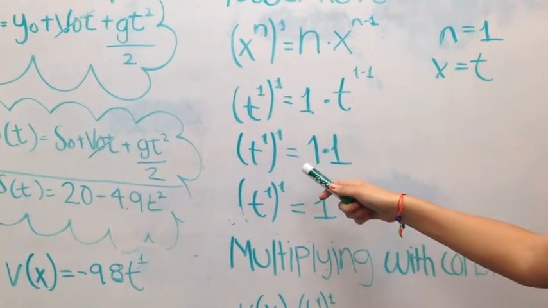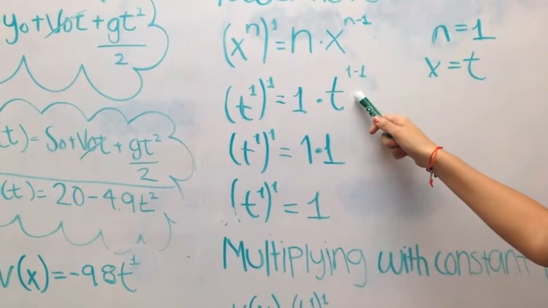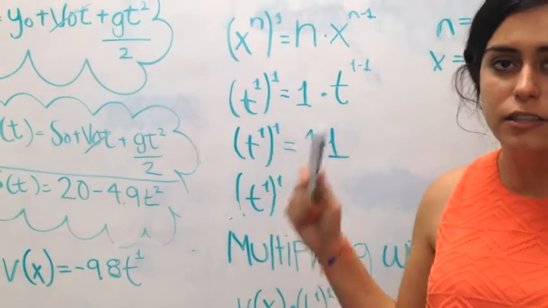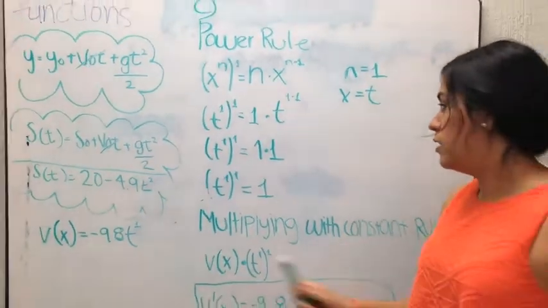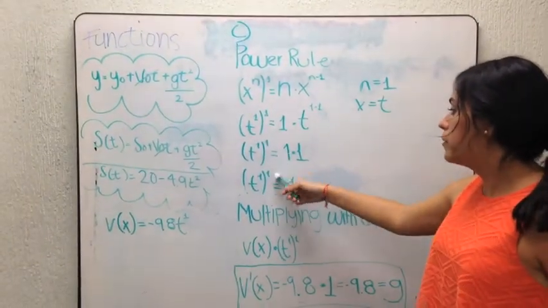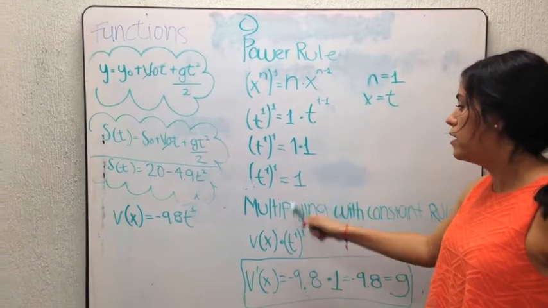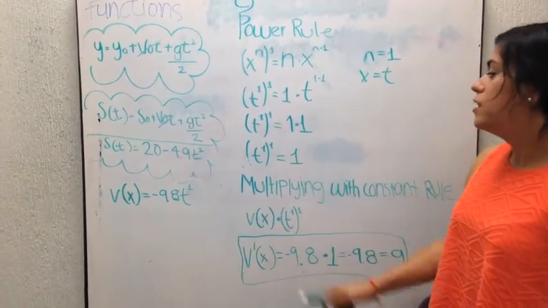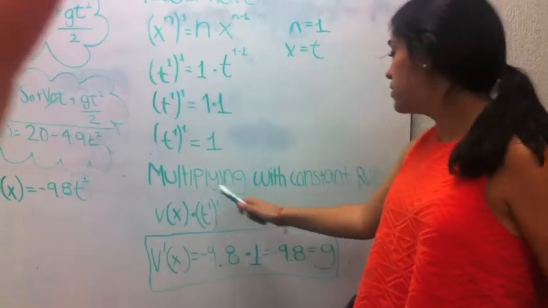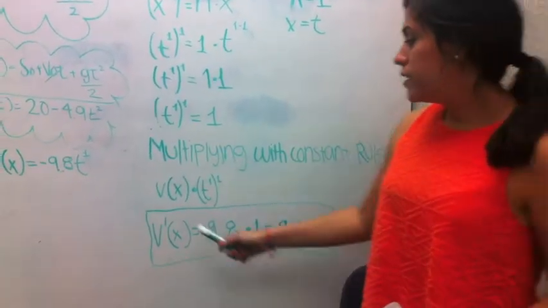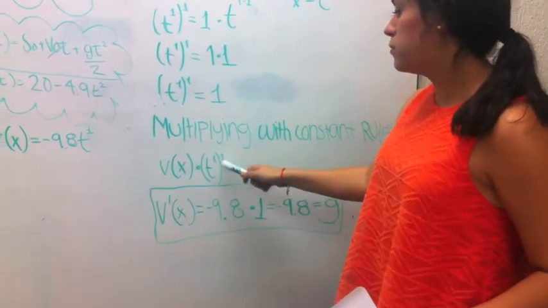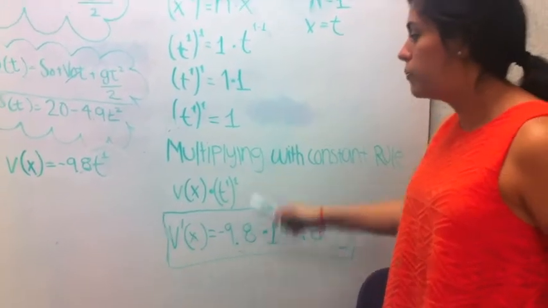And now 1 minus 1 equals 0, and everything to the 0 power is 1. So here our result is 1 times 1, which is 1. So the derivative of t to the 1 power is 1. Then we use the multiplying with a constant rule, whose formula is the derivative of b times x equals b times the derivative of x.